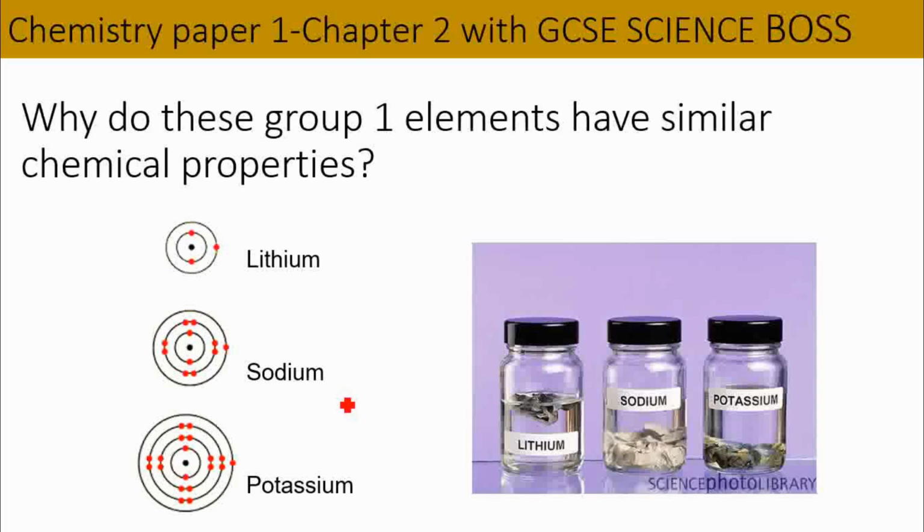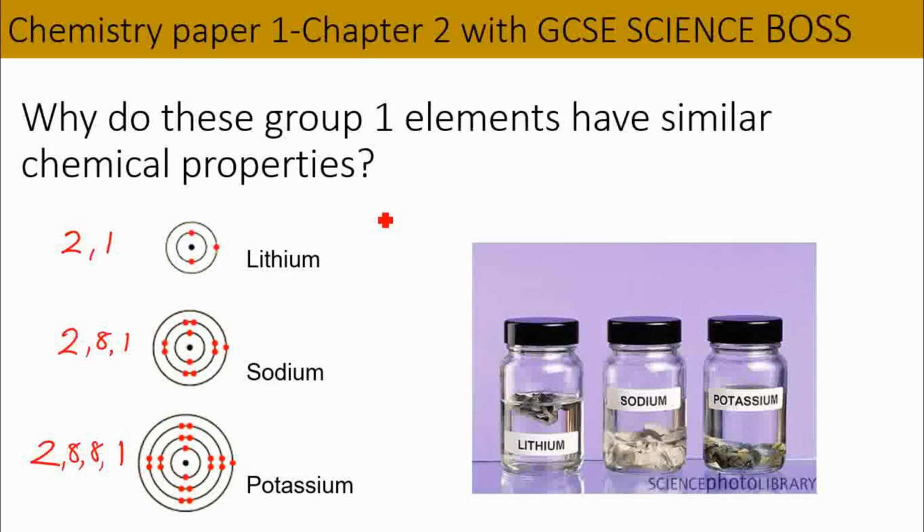Now, what we're going to be doing is looking at group 1 elements. If we look at the electronic configuration, and if you don't know what electronic configuration is, you need to go back to my chapter 1 video. You can see here lithium is 2 1, sodium is 2 8 1, and potassium is 2 8 8 1.